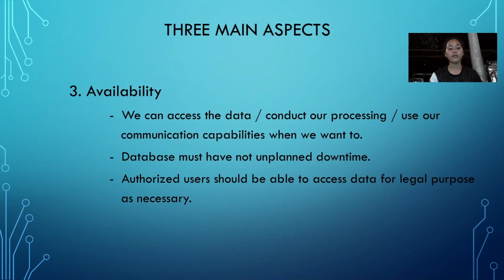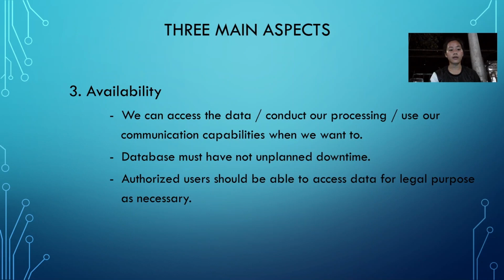And then we also have availability. We can access the data, conduct our processing, and use our communication capabilities when we want to. The database must have no unplanned downtime, and authorized users should be able to access data for legal purposes as necessary.